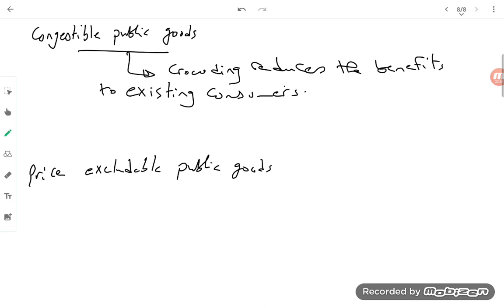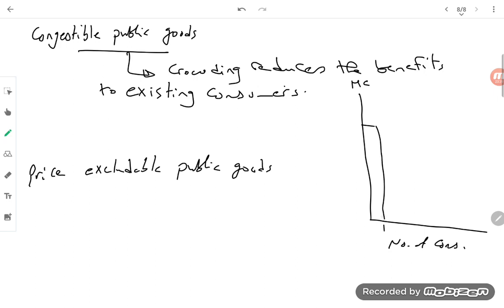Okay, let's illustrate this graphically. We would like to identify the marginal cost of distribution. This is the number of consumers and this is the marginal cost. In case of pure public goods, after the first individual, it will be zero.